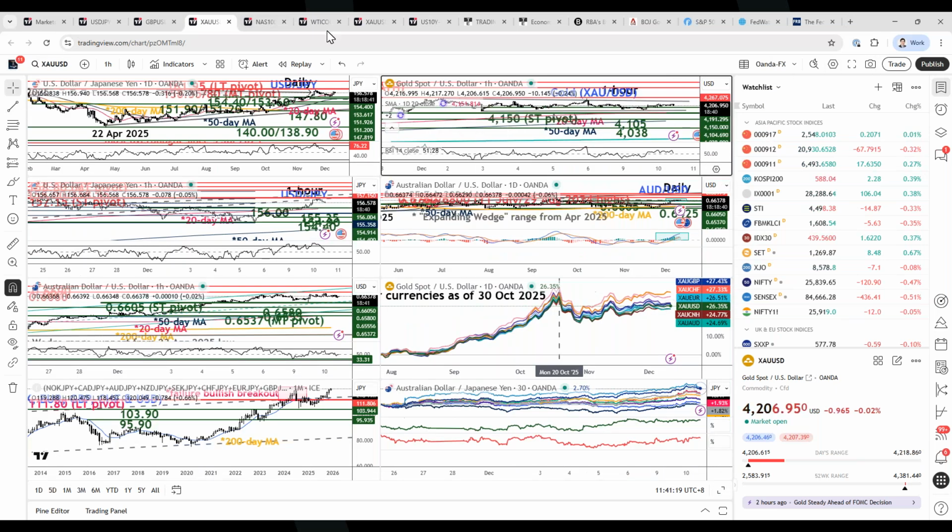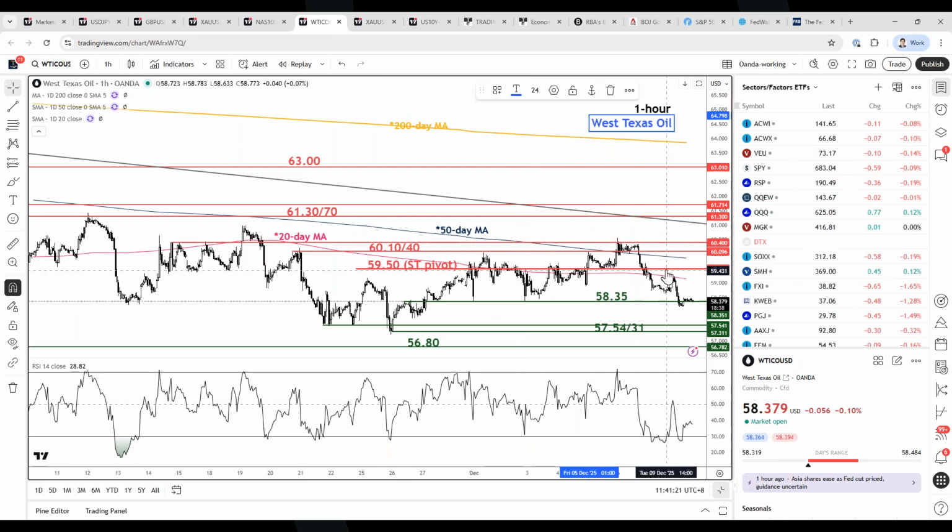Next up will be the West Texas crude oil. West Texas crude oil plummeted as expected after hitting the upper limit of this minor sideways range configuration that has been in place since the low of 21st of November. So it has already come back down and hit our first support level at 58.35 over here. This level has already been met.